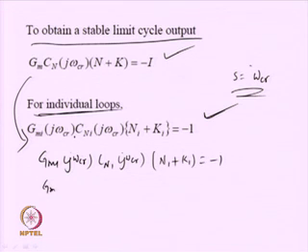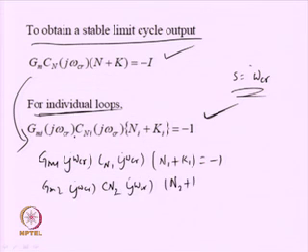Similarly, Gm2 j omega Cr, Cn2 j omega Cr, n2 plus K2 will be equal to -1.